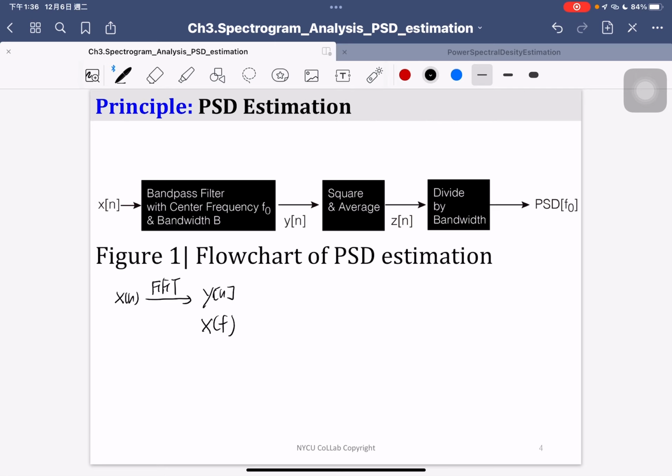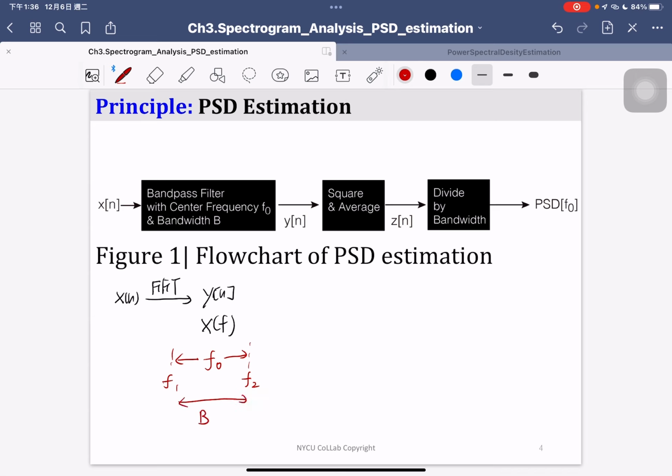And here we can pick up the frequency center like F0, and we need to decide the frequency bandwidth, so we have the bandwidth from F1 to F2.